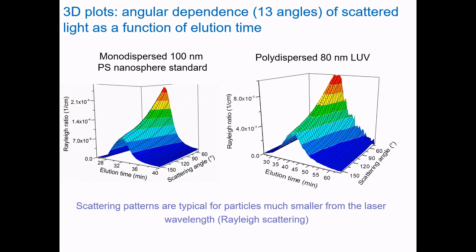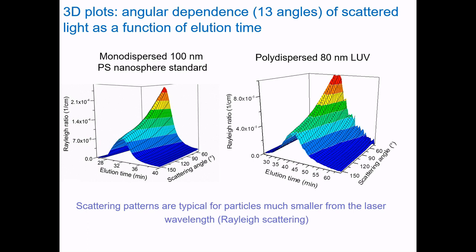Namely, it is known that angular dependence of scattered light is shape dependent as long as the particles have uniform size distribution. This should also be the case at each elution time over the peaks in fractograms of polydispersed samples if the samples are successfully separated by size.